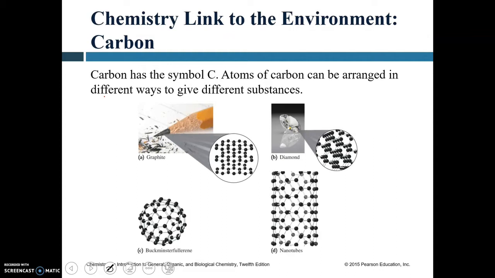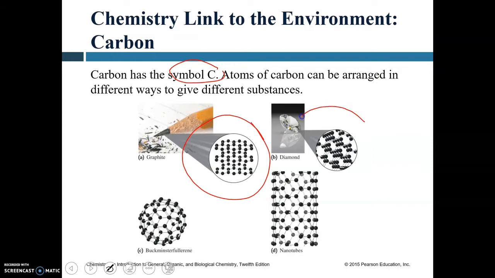Now, one of the most important elements, if not the most important element in living creatures, is carbon. Carbon has a symbol C, and interestingly, carbon can be arranged in different ways, thus producing different substances. For instance, if carbon is arranged into layers, it will form graphite.